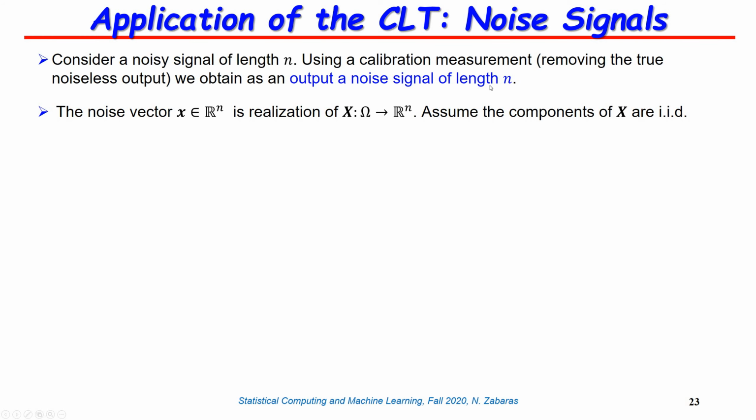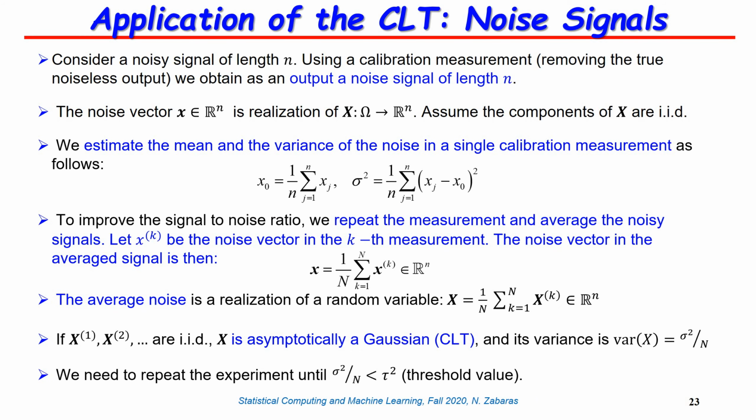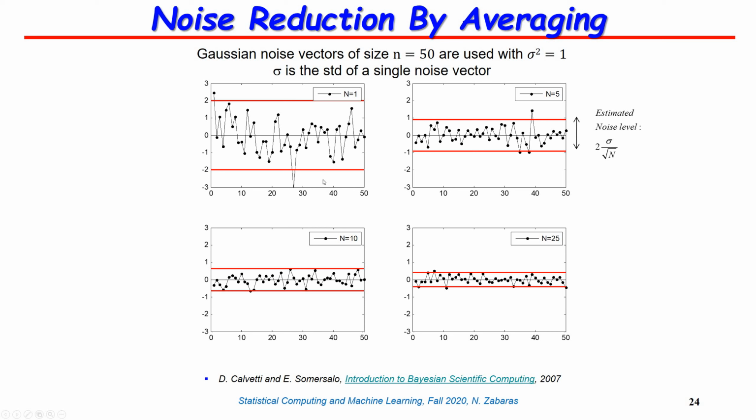Maybe I can go back to the next slide. So a noise signal may be something like what you see here, over a time interval, let's say from 0 to time 50. If you do calibrations, maybe you can get one signal that is a purely noise signal, and using that signal, we can assume that the values the noise signal takes at the different time instances are IID, and effectively we can use the central limit theorem and those values of the noise signal at the different times to compute the mean value and the variance of that signal.